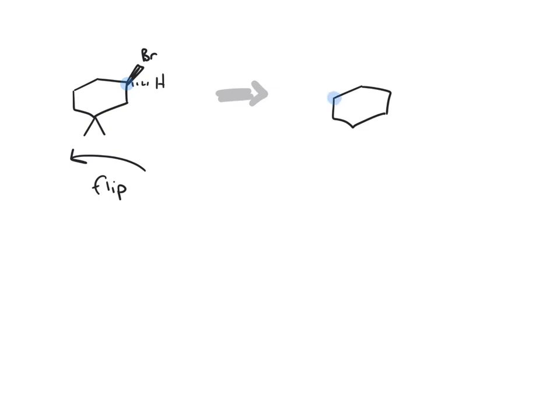So if we flip that over, okay, what that will do, by flipping it over, that puts the bromine back and brings the hydrogen out. So you can never rotate around the chiral center on a ring.